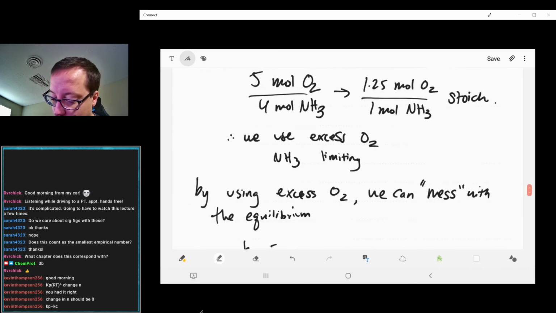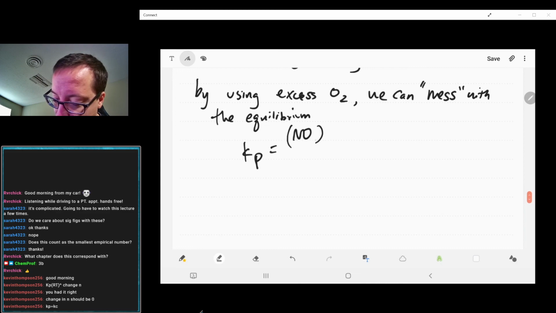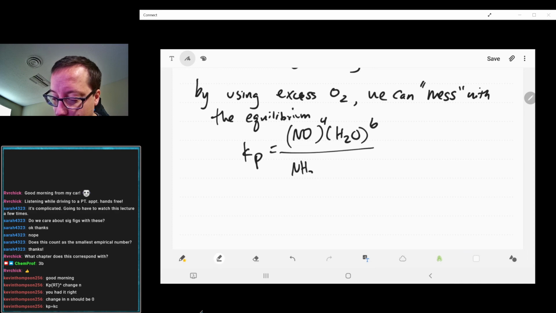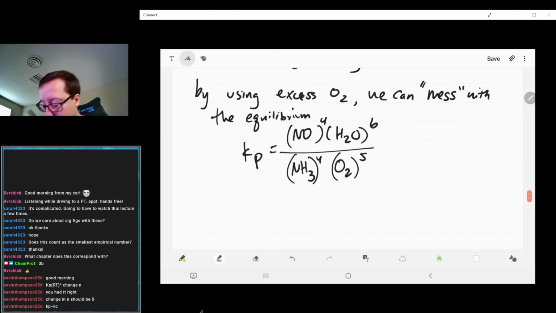So, my gosh, that's so far up. NO times H2O, I think it was 4 and 6. It would be the pressures of these as well. We have ammonia, and then oxygen, pressures thereof. By putting in excess oxygen instead of the amount that we would need, what effect is that going to have on our equilibrium? If we give it a little bit extra oxygen.